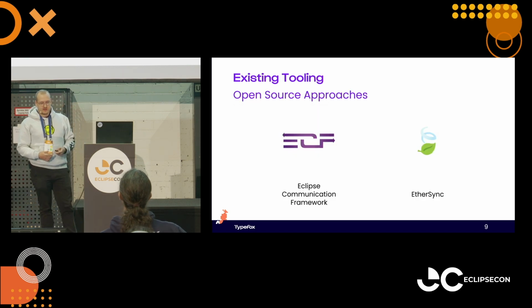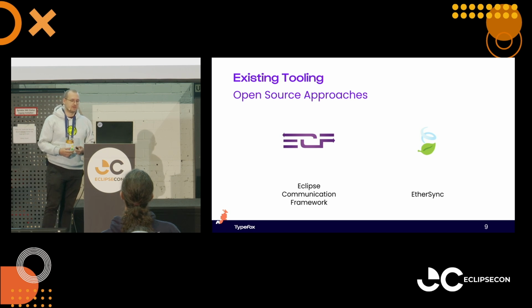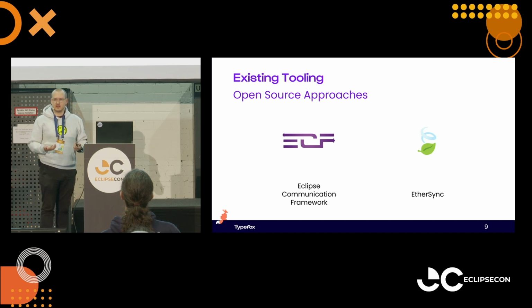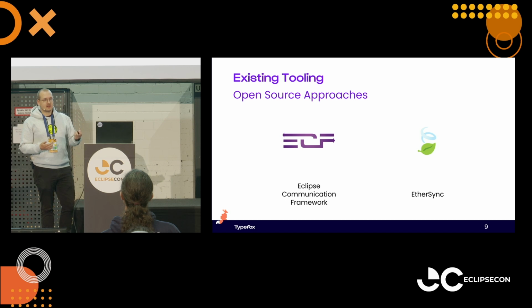Then obviously there are also quite a few open source approaches to this problem. If you're already at EclipseCon and here at OCX, obviously we need to talk about the Eclipse Communication Framework, a collaborative editing plugin for the Eclipse IDE.